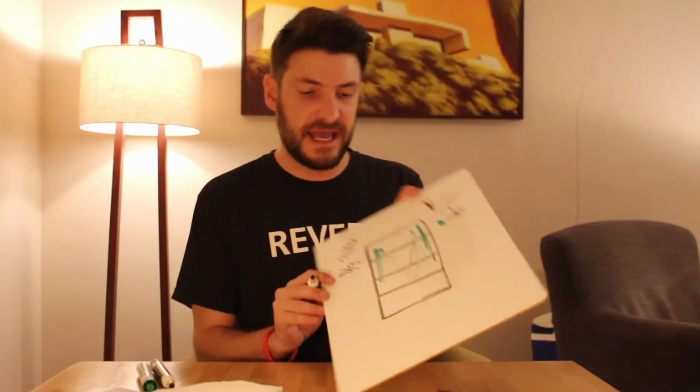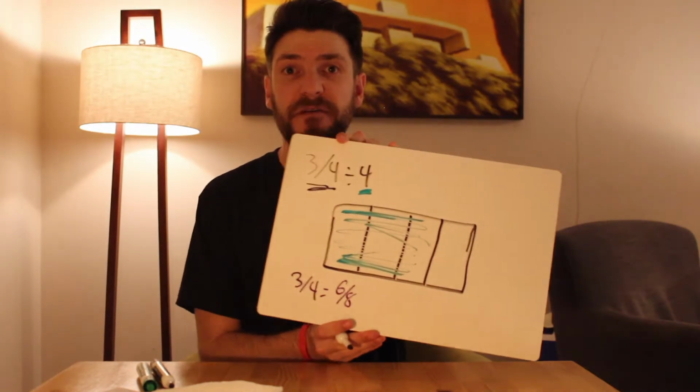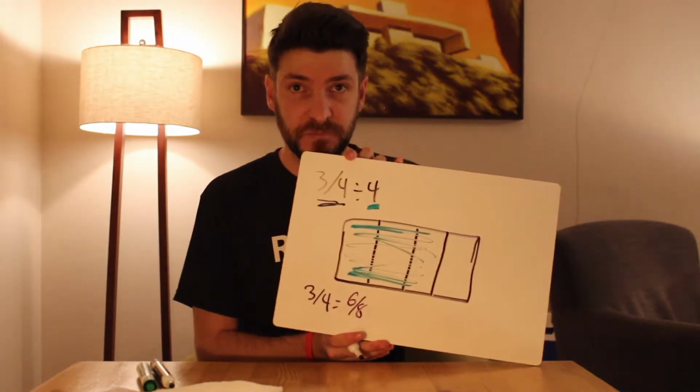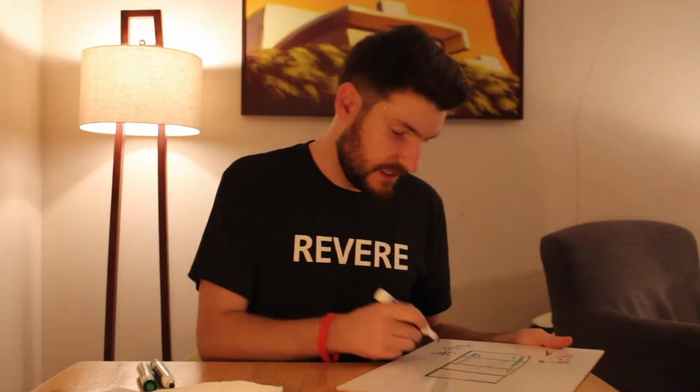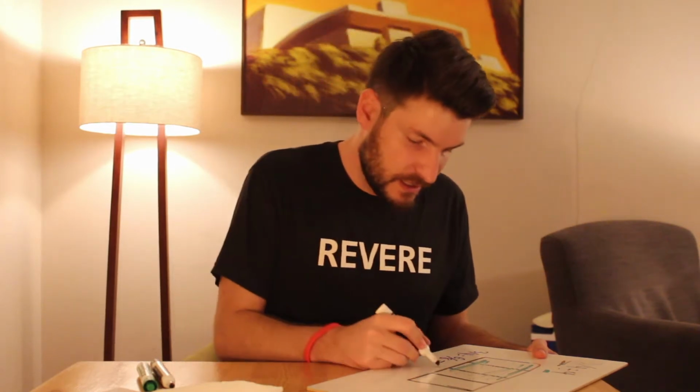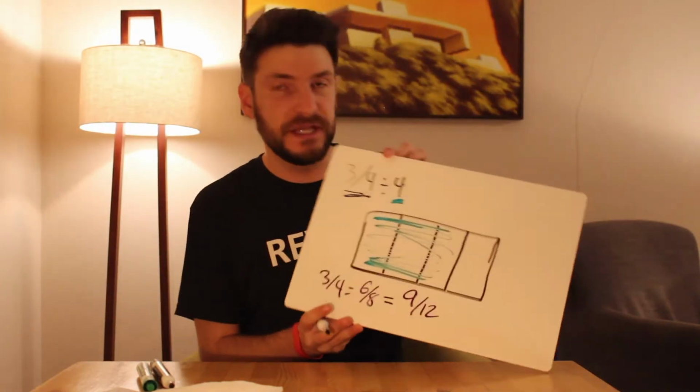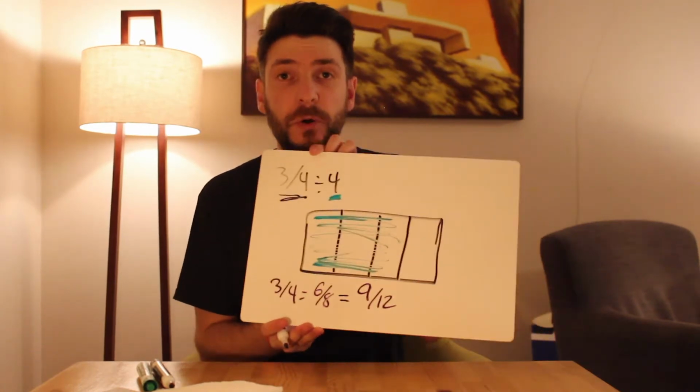3/4 is equivalent to 6/8. Is 6 divisible by 4? You're right, it's not. Let's keep going. 3/4 is equivalent to, well, let's just keep doubling, 9/12. Is 9 divisible into 4 equal groups? No, it's not.